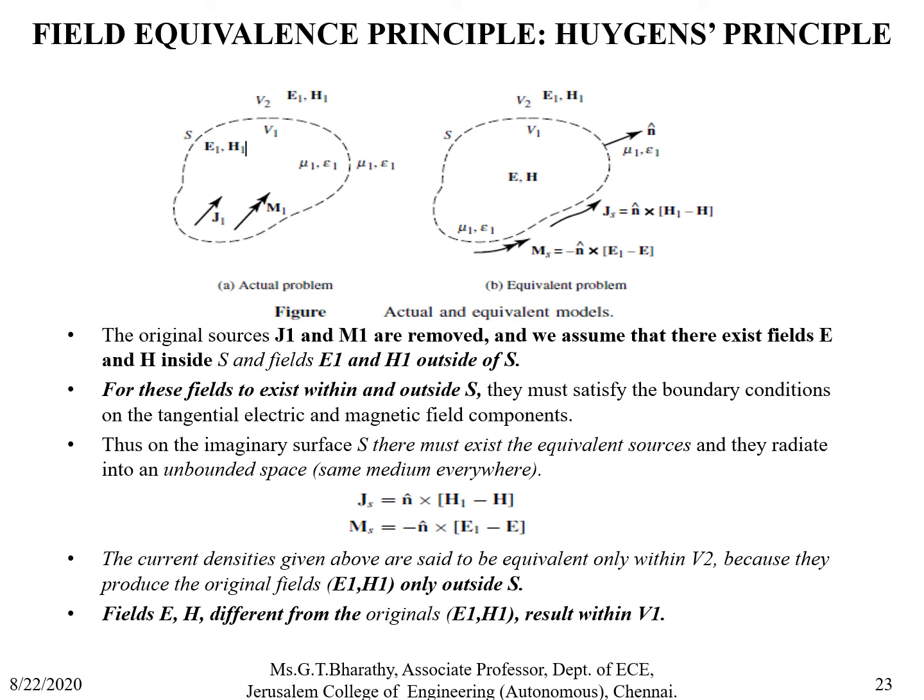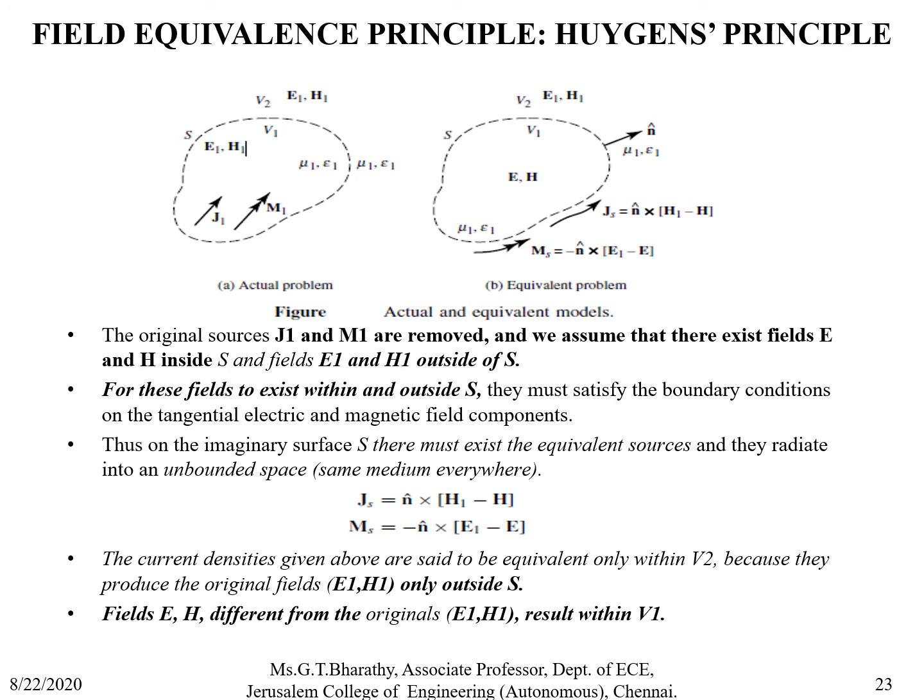The original sources J1 and M1 in figure A, that is the actual problem, are removed, and we assume that there exist fields E and H inside the surface S and the fields E1 and H1 outside the surface S. For these fields to exist within and outside S, they must satisfy the boundary conditions on the tangential electric and magnetic field components.